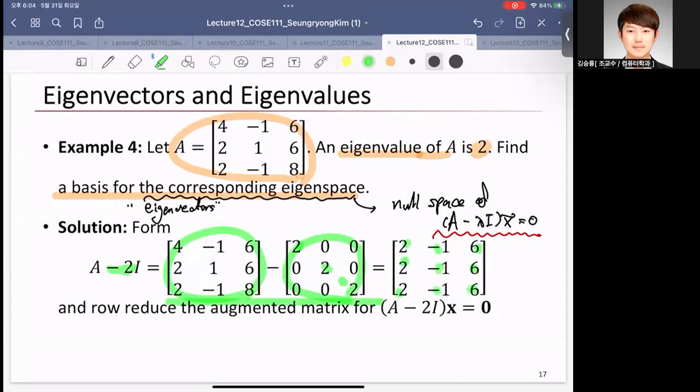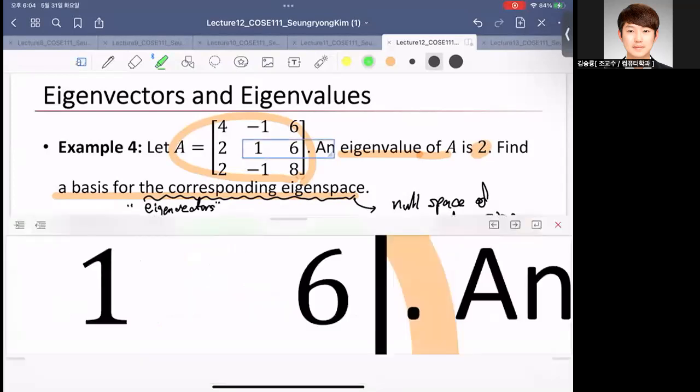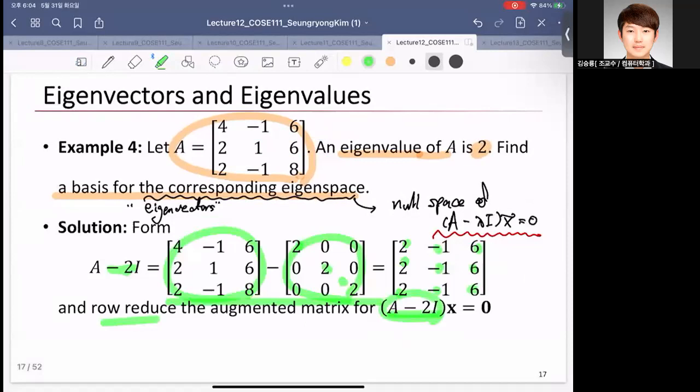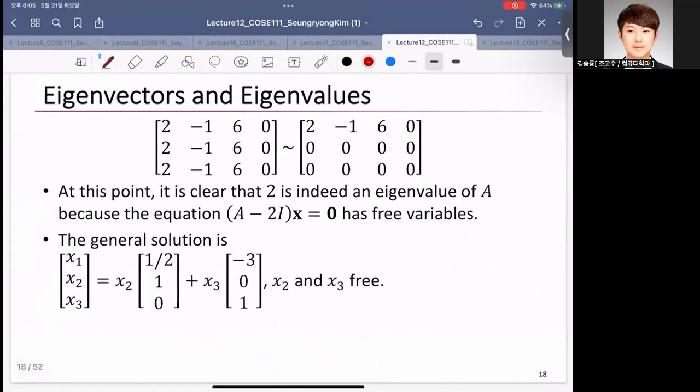Let's row reduce the augmented matrix for A minus 2I times x equal to 0. We can make the augmented matrix like this. Then we can row reduce this one.